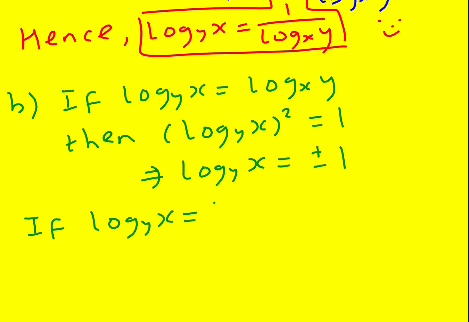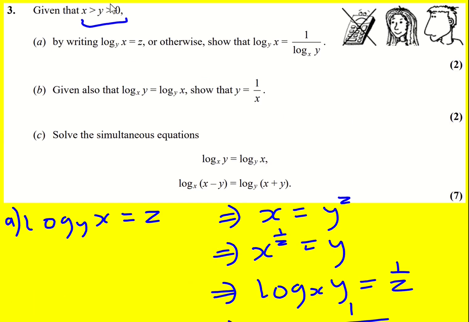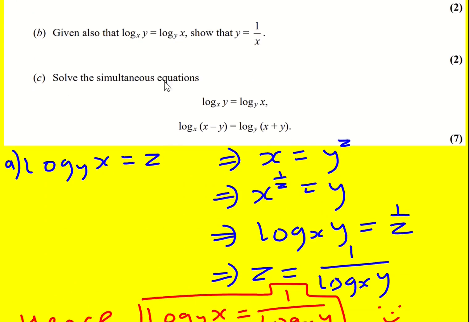Let's look at these two cases. If it's equal to 1, then it must be that y is equal to x. Now, right at the start, we had that x was greater than y.